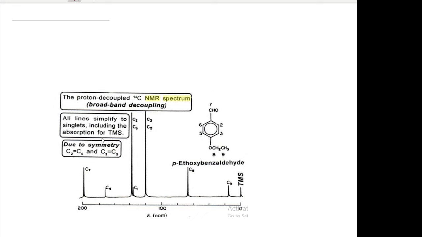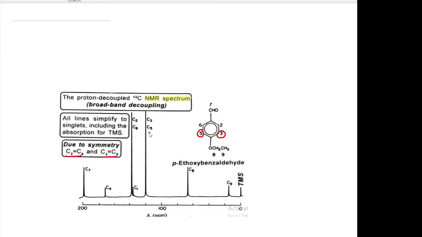So we have to look at symmetry, like this C2, C6 and C3, C5 are the same type of carbon. If there are same type of carbon, there will be one signal for those carbons, like C3, C5 are the same type. This is C3, this is C5, so their signal will be 1.